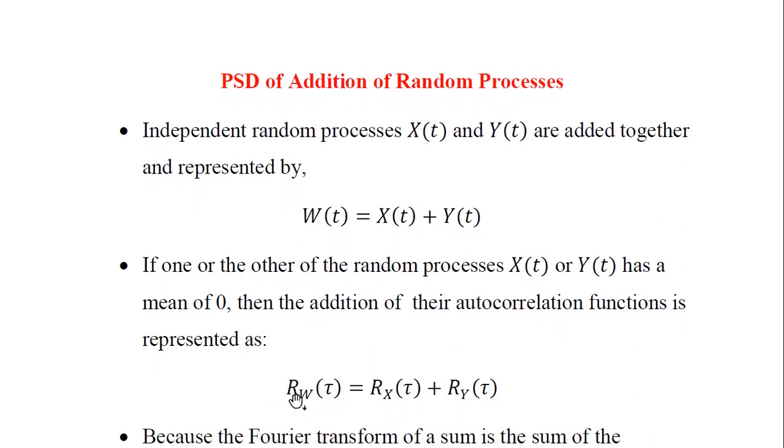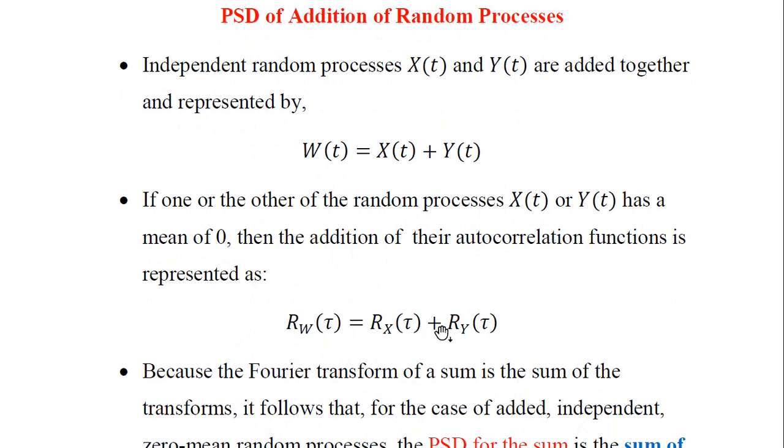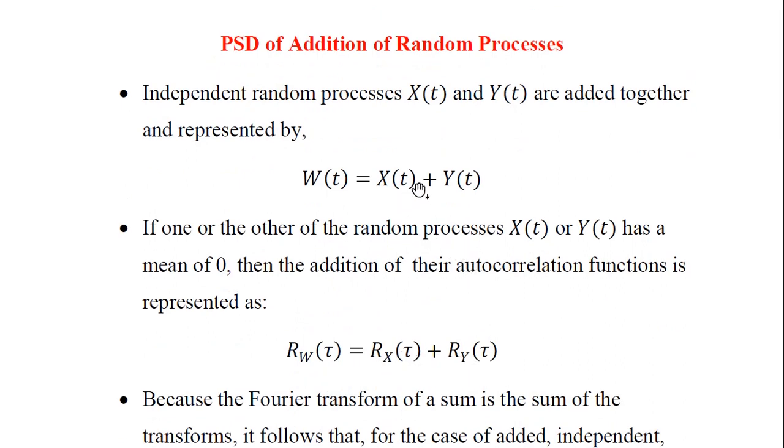So the autocorrelation function of w is equal to the autocorrelation function of x added with the autocorrelation function of y. It's very clearly visible that if you add two random processes, even their autocorrelations will be added to give the resultant autocorrelation function.